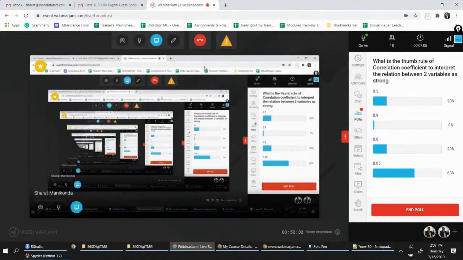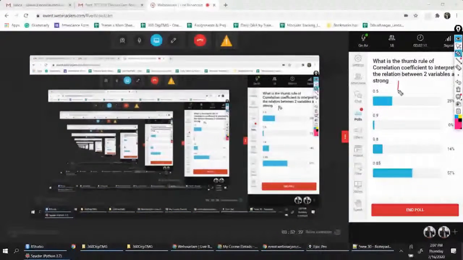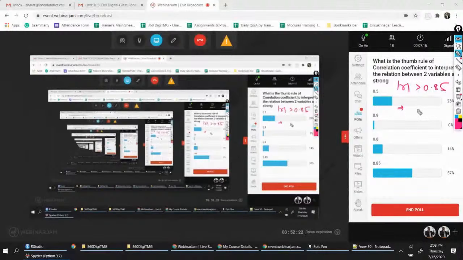Yesterday we discussed that the thumb rule says that the modulus of R should be greater than 0.85 for us to declare that the relationship is a strong relationship. Right? So it should be greater than 0.85. Anything which is less than 0.5 we generally consider as weak. Right. So it's 0.85 friends.